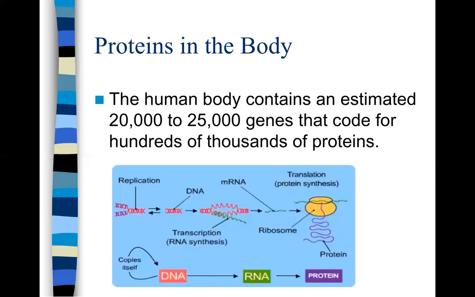Protein synthesis can occur. So for this class, you do not have to memorize the details of protein synthesis, but I'll show you a diagram on the next page, just kind of an FYI. But you should know that our genetic code, or our DNA, is involved in protein coding, protein synthesis, and translation.